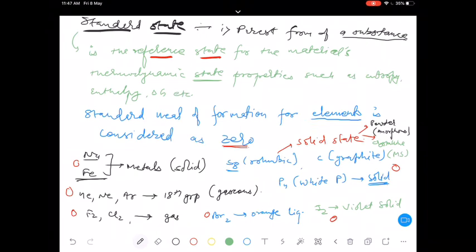Now I'll take a few more examples and then we will write the standard heat of formation for those species which are coming out to be 0.